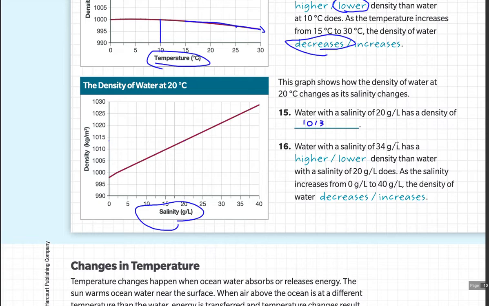And water with a salinity of 34 grams per liter is higher or lower density than with 20? So 34 is here-ish, 20 is down here, and so it has a higher density. As the salinity increases from 0 to 40, the density of water is going up. It increases.